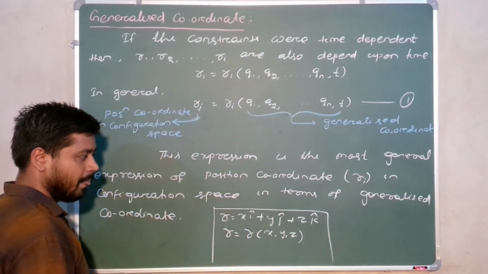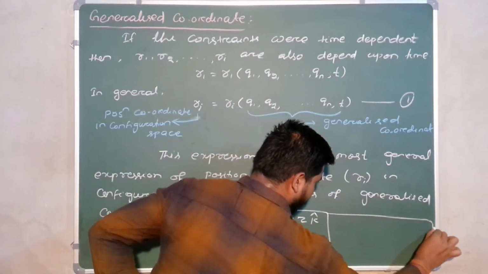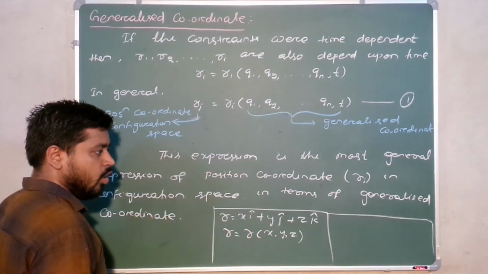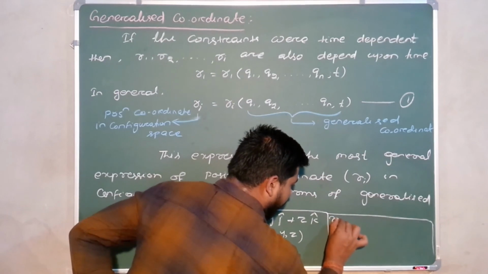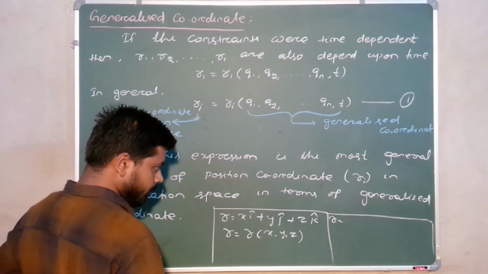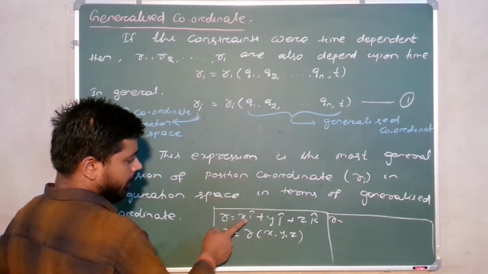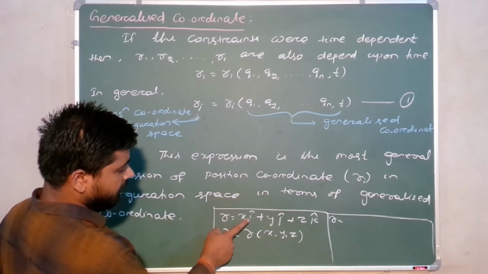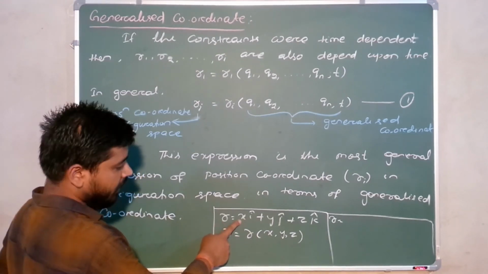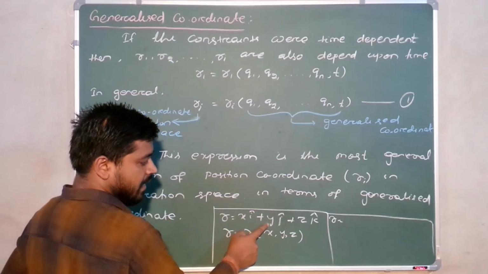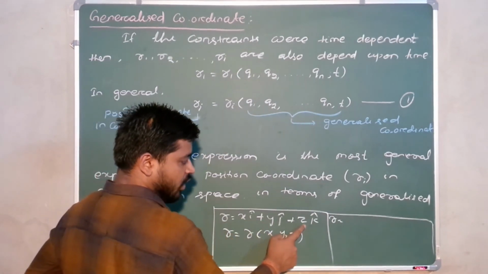Similarly, if we take the spherical polar coordinates, we have to put r sin theta cos phi in place of x, r sin theta sin phi in place of y, and r cos theta in place of z.